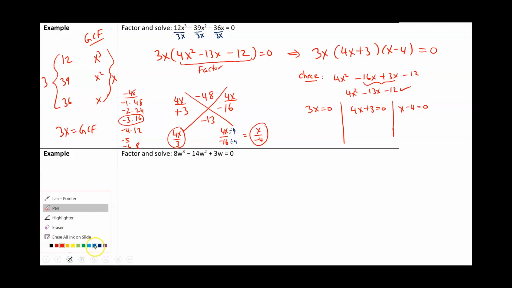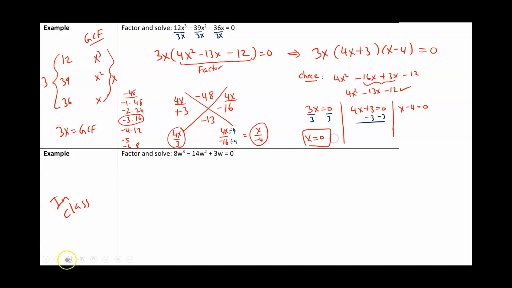For the first one, if I just divide both sides by 3 because I want to get the x by itself, then I end up with x equal to 0 as one solution. For the second one, I subtract 3 from each side. So this gives me 4x is equal to negative 3. And then I divide both sides by 4, so x is equal to negative 3 over 4.